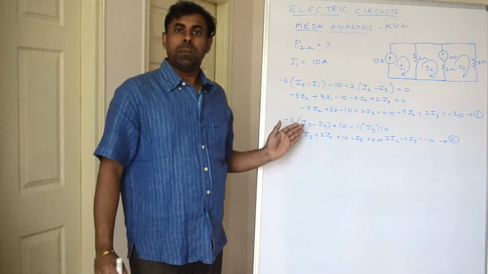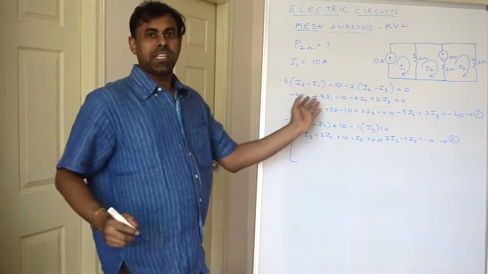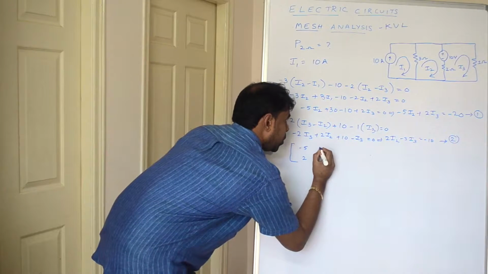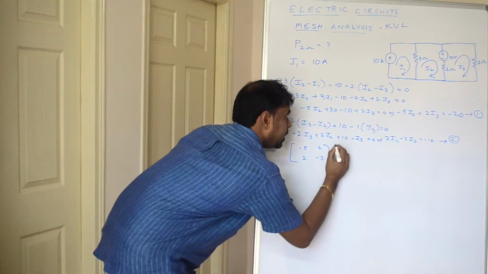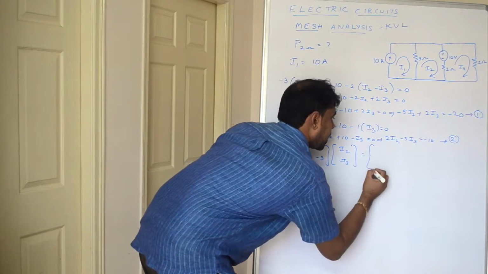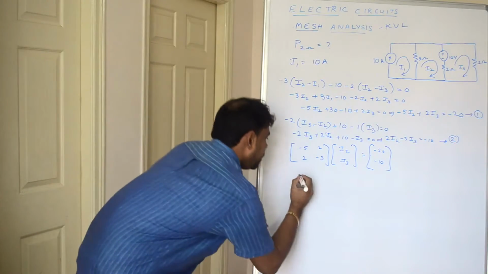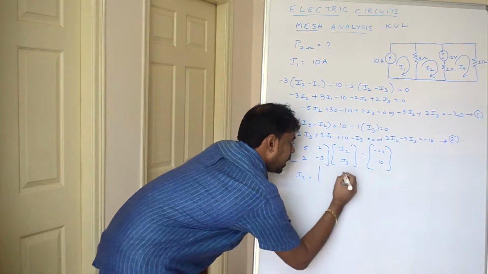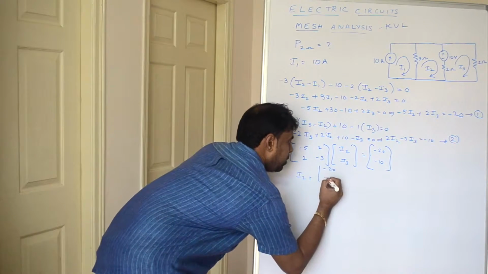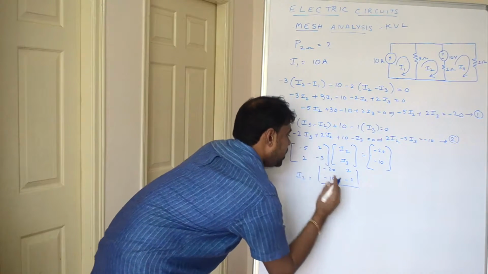I am going to solve them by Cramer's method. First I am representing them in matrix form: minus 5, 2, 2, minus 3. So I2 is nothing but the determinant where I replace the first column with minus 20, minus 10, and the second column stays the same, divided by the determinant of this matrix.